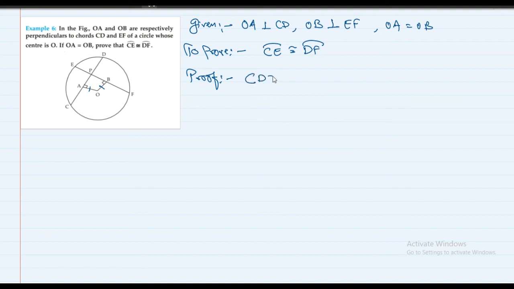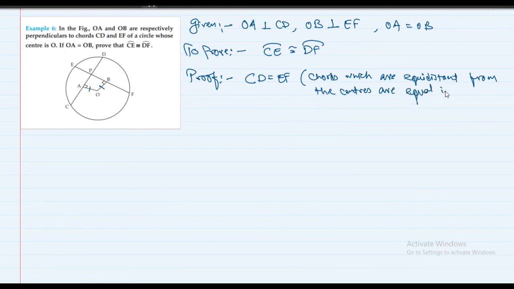So we can directly say that CD is equal to EF, because chords which are equidistant from the center are equal in length.